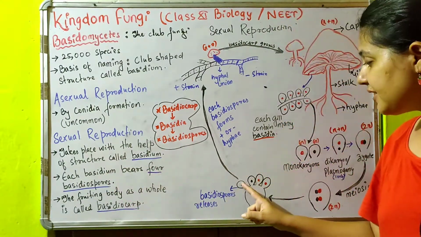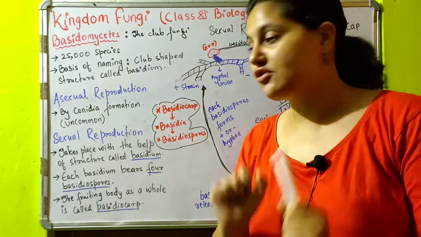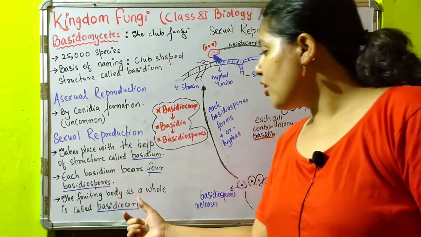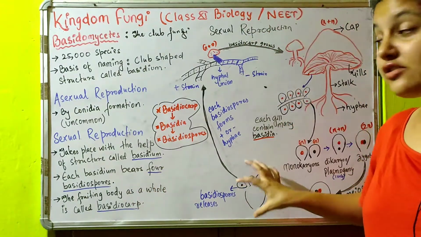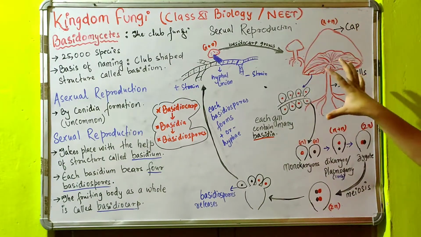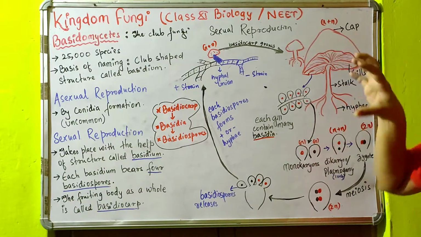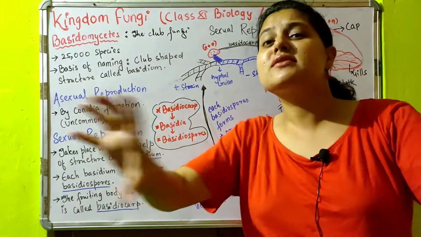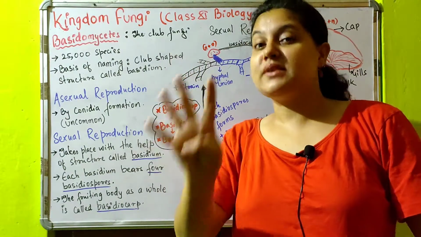Inside the basidium you see this, they are known as basidiospores. And the fruiting body as a whole is known as basidiocarp. A single structure is known as basidium, and the fruiting body as a whole is known as basidiocarp. This basidiocarp contains numerous basidium, and inside each basidium there are 4 basidiospores.